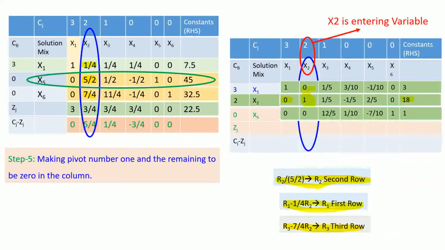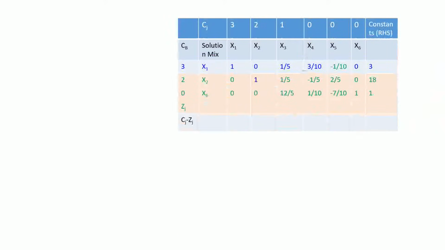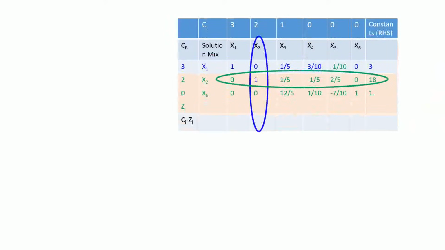And now onwards, we have to calculate the Zj. Once we calculate all the new values of the matrix, we have to calculate the Zj using CB times xn, coefficient of basic variable times xn.